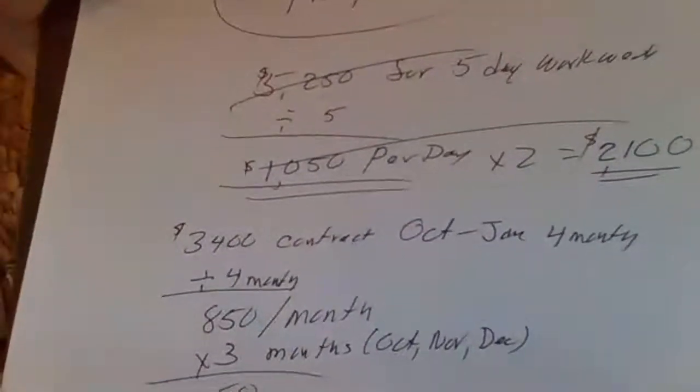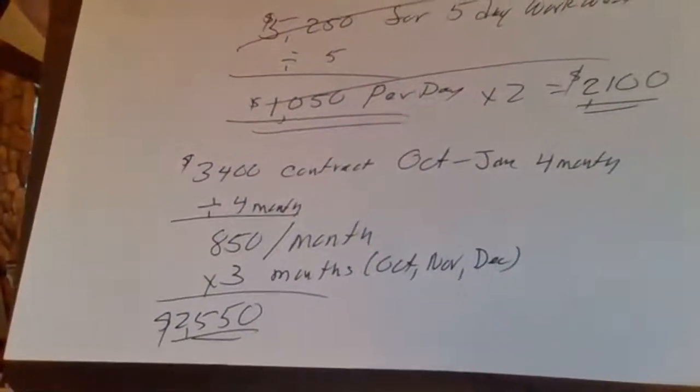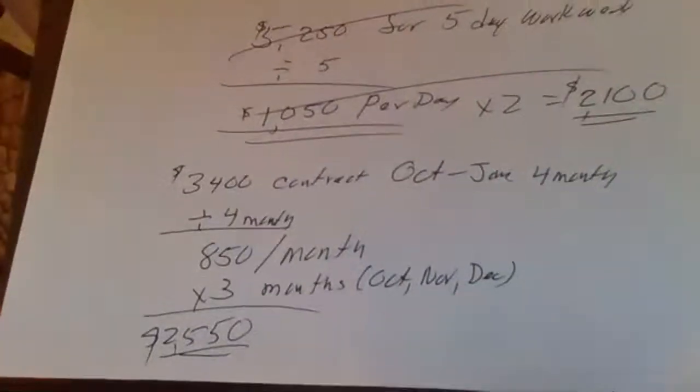Take 3/4 of that $3,400, or do it like I did, break it down by a monthly amount. $3,400 divided by 4 months gives you $850 per month, times 3 months, $2,550. We have to recognize that as earned. So we didn't get paid yet. We're going to get paid at the end of the contract. So accounts receivable gets the debit of $2,550, and service revenue gets the credit for the same amount, $2,550.